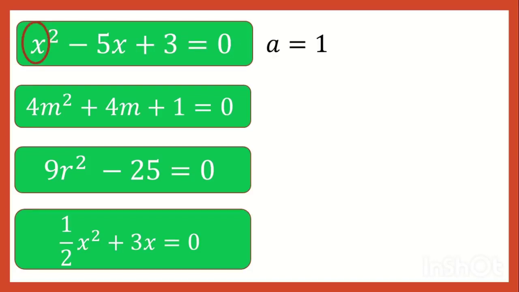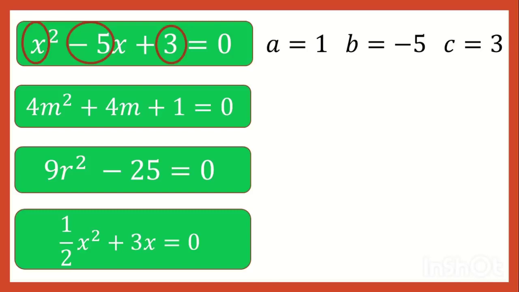So a is equal to 1 since we all know that the numerical coefficient of the variable is always 1. Next, b is equal to negative 5. So, ito yung nasa gitna. And then, c is equal to 3.